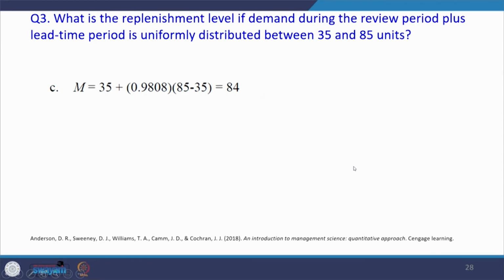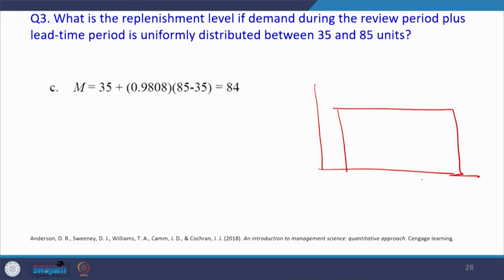The next question is, what is the replenishment level if the demand during the review period plus lead time period is uniformly distributed? So, between 35 and 85. So, what is the shape of the uniform distribution? The shape of the uniform distribution is like this. So, this is 85, this is 35.